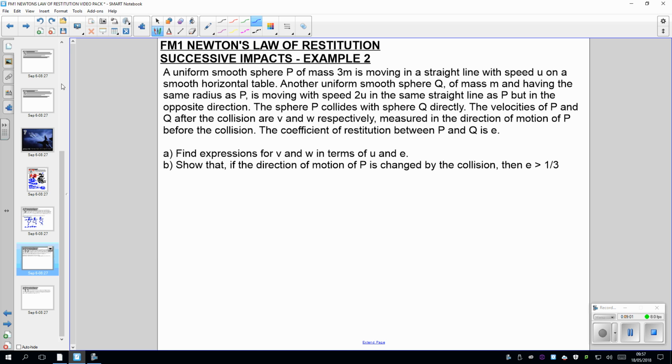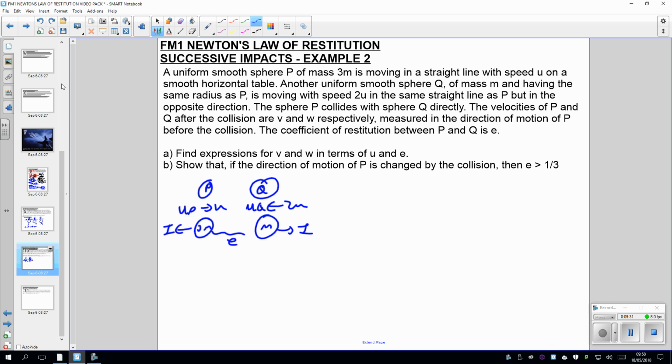Uniform smooth sphere, so P, mass 3m, moving with speed u, so there's u, and we've got a Q in the same straight line but in the opposite direction, so this has mass m and uQ is 2u. Collides, so I've got my impulse, I've got my e.